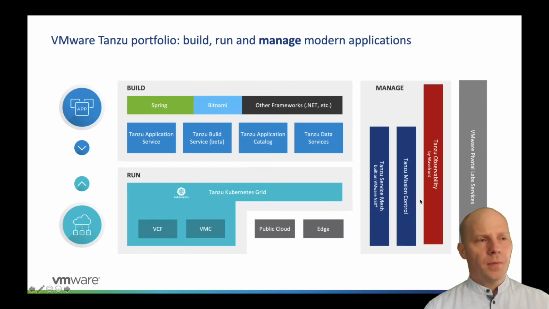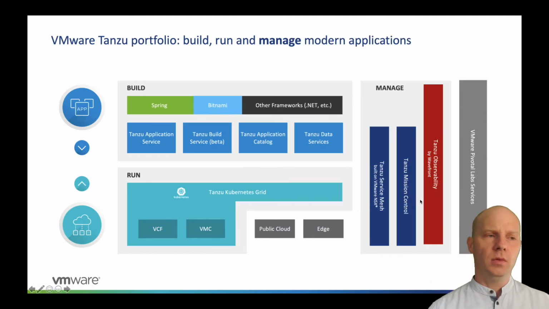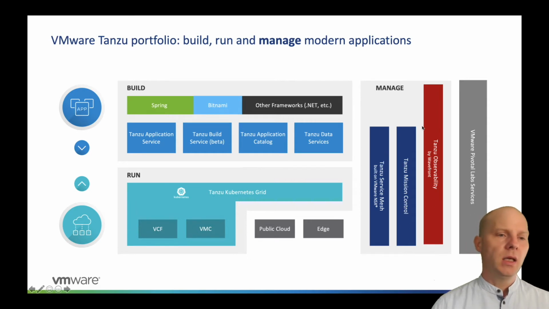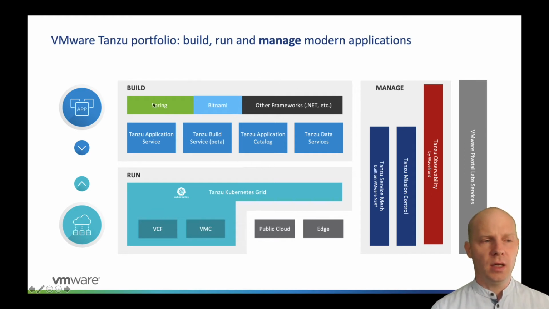This is the Tanzu Portfolio, and you have seen this slide before. I want to quickly show you where we play a role with Tanzu Observability in this stack, and we'll find Tanzu Observability in the management section. There is a build section as well, and the goal of the build section is to make it easier and quicker for developers to work.